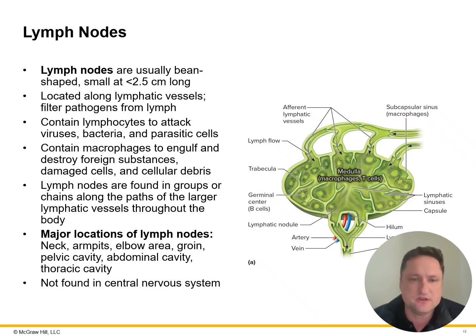In addition to filtration, nodes are the site of lymphocyte production, and this goes alongside red bone marrow. They're also made there. And they support clonal expansion during immune activation. So, clinically, enlarged or tender nodes can signal local infection, while firm, non-tender nodes may raise concern for malignancy.